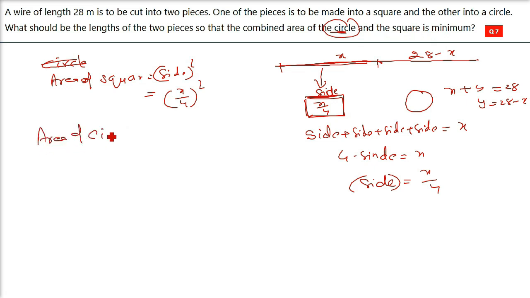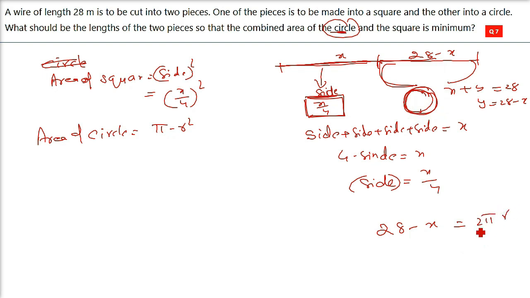Now coming to the area of the circle, which is pi r square. We are interested in the radius of this circle. The radius is computed from the perimeter of the circle, because 28 minus x is going to form the periphery of the circle. So 28 minus x is the perimeter of the circle, and the circle perimeter is simply 2 pi r.